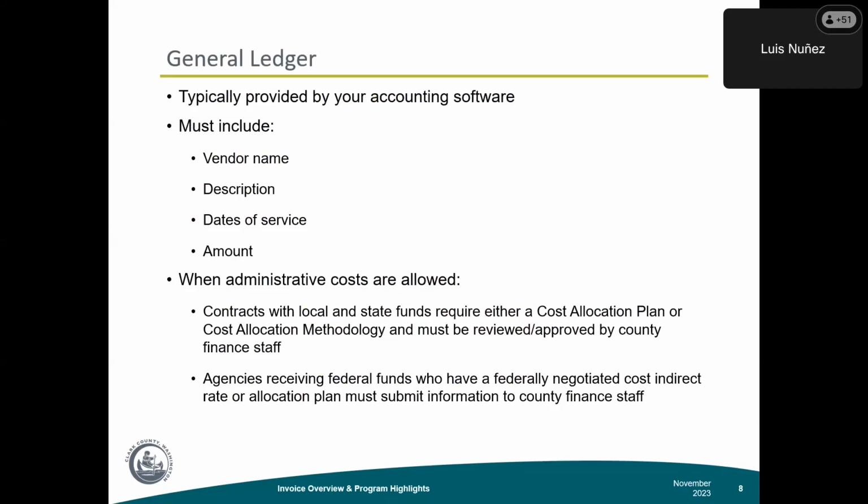All right, so the general ledger. This is going to be provided typically by your accounting software. This general ledger should include vendor name, description of that cost, dates of service, and the amount for each expense. And then when administrative costs are allowed, the contracts with local and state funds require either a cost allocation plan or cost allocation methodology, and it must be reviewed or approved by county finance staff.